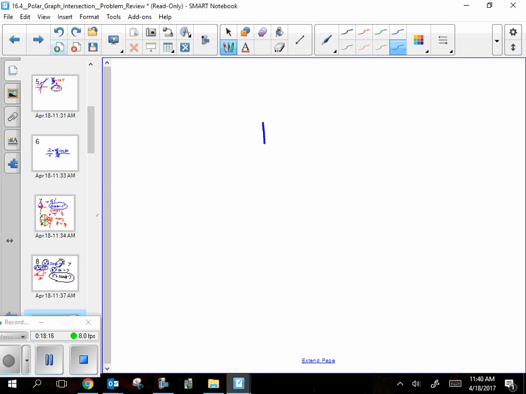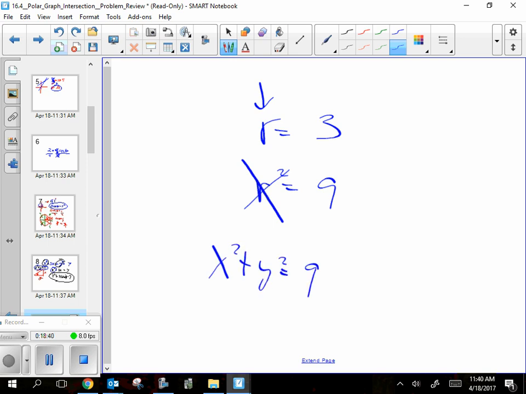So what if they have r equals 3? You go, well, I don't have r squared, but I could square it, and then I would have r squared equals 9. Then can't you do the same equation, x squared plus y squared equals r squared? That's in polar. Once I pull out this and put in that, now it's in what?